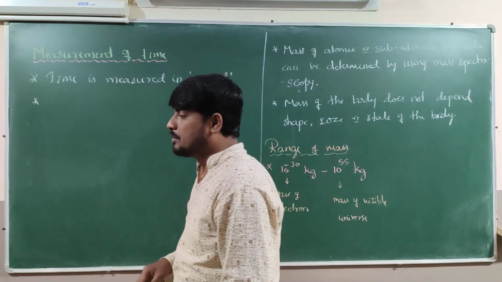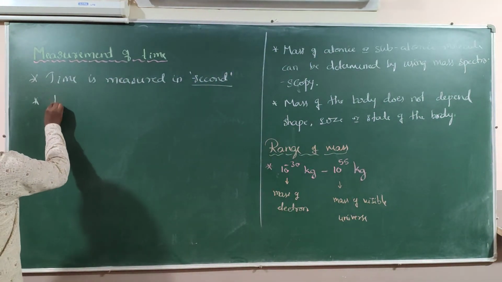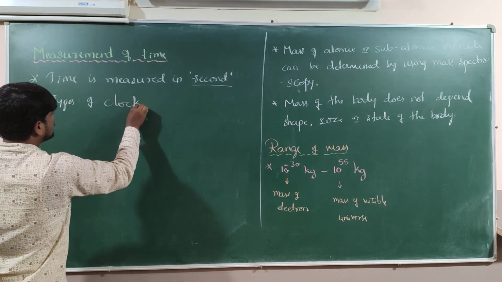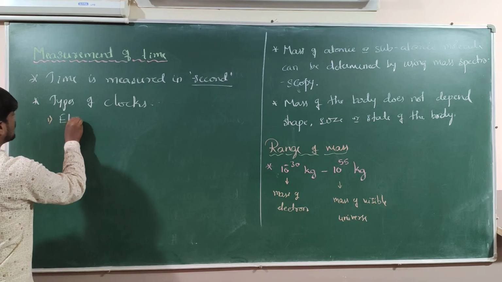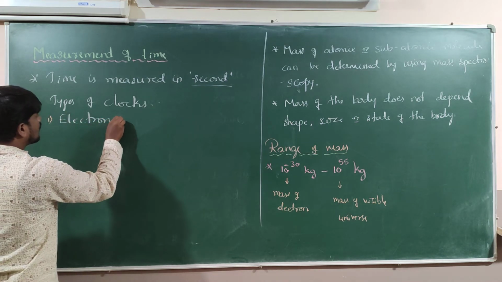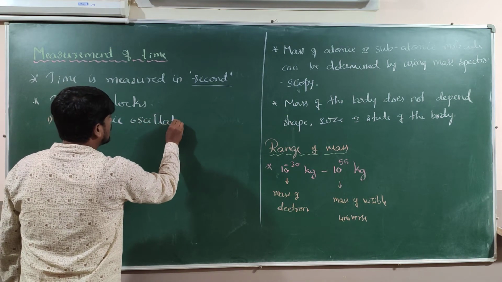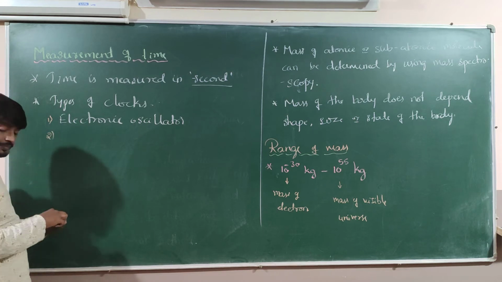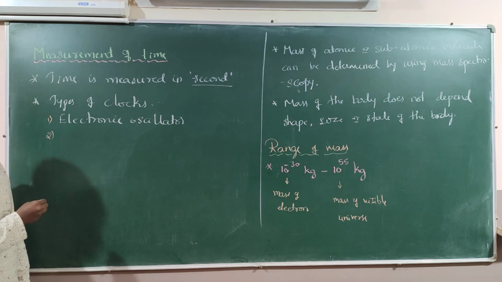If I name them one by one, these are the types of clocks. One, electronic oscillator clock. Next, electric oscillator.